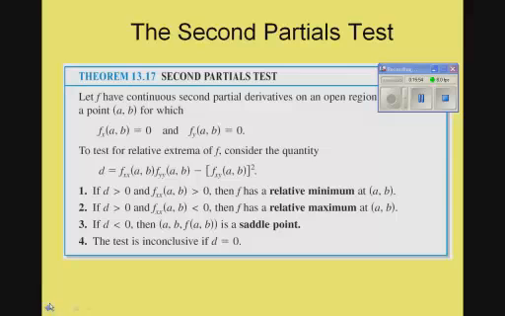Second derivative, right? What do we do with second derivative in Calc 1? Find concavity. And if the curve is concave up at a critical point, what does that tell you? You have a minimum. And if the curve is concave down at the critical point, you have a maximum.